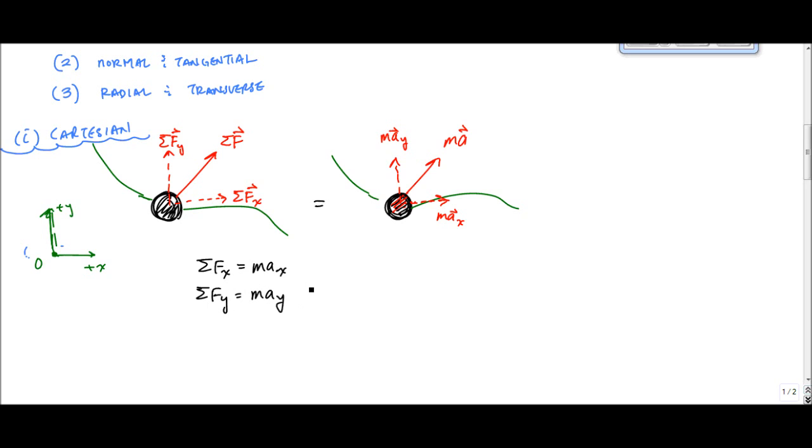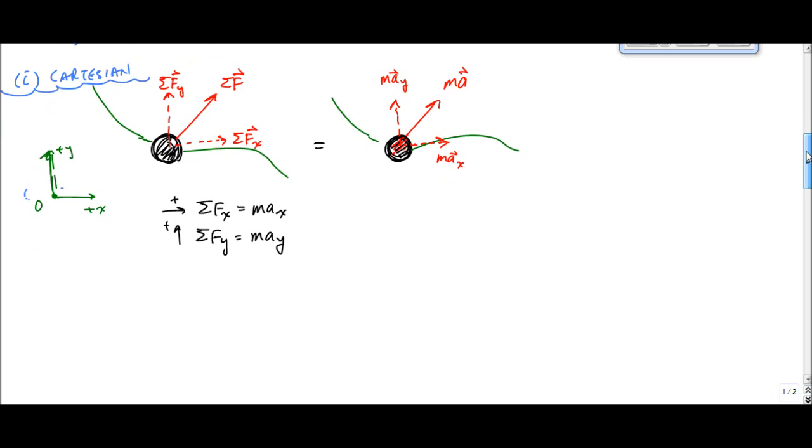This is traditional and the easiest, because you're so used to x and y. A lot of times this is where people go first to come up with equations of motion, these F equals ma equations. Based on what you chose as the origin, these are your positive orientations. This is one way you can approach the problem.